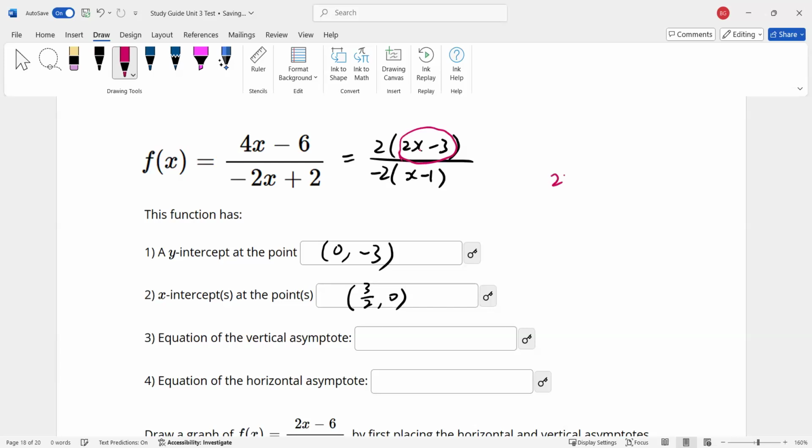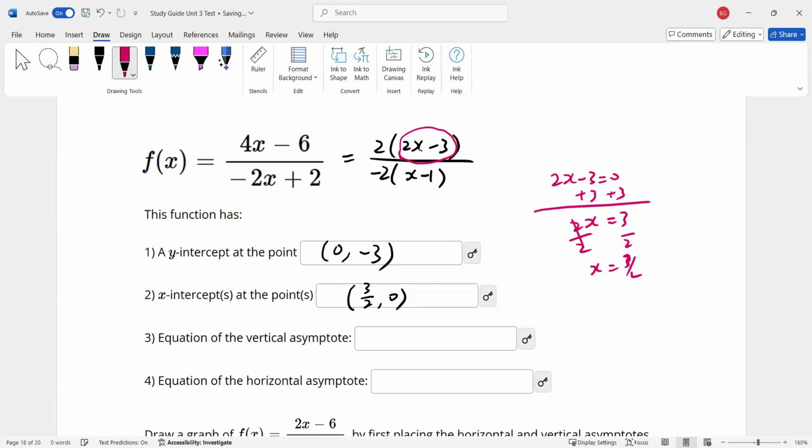If you are not sure, make 2x minus 3 equals 0, so 2x equals 3, and x equals 3/2. When x equals 3/2, the numerator is 0, so the function is 0. So that is the only x-intercept.